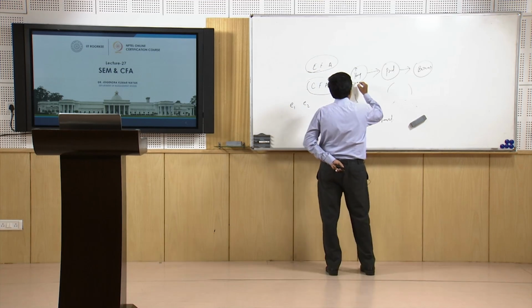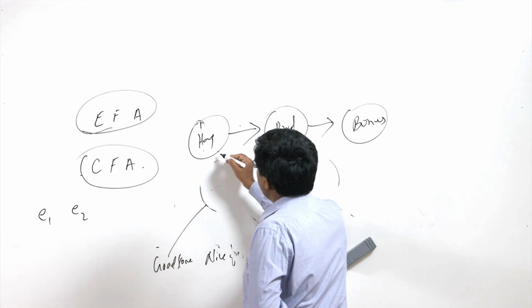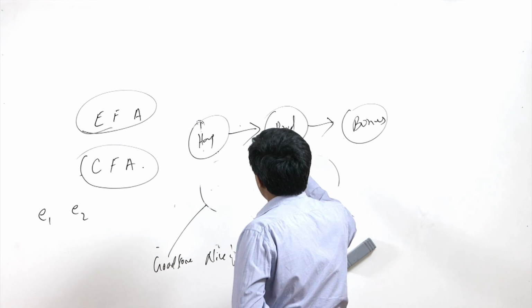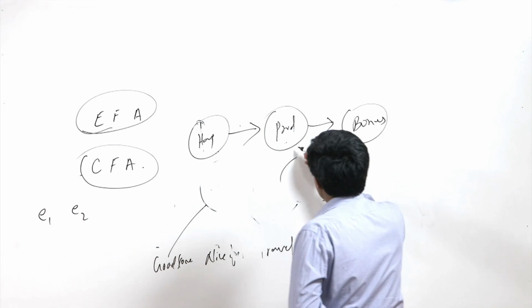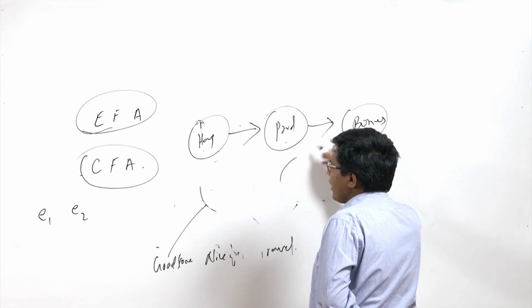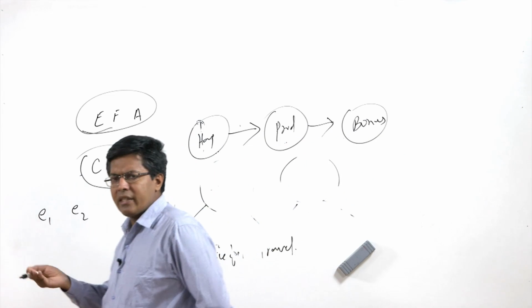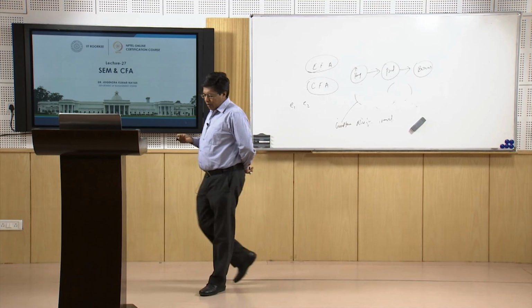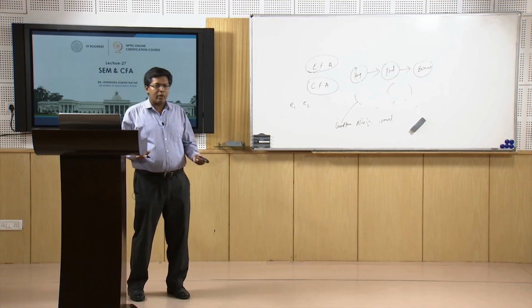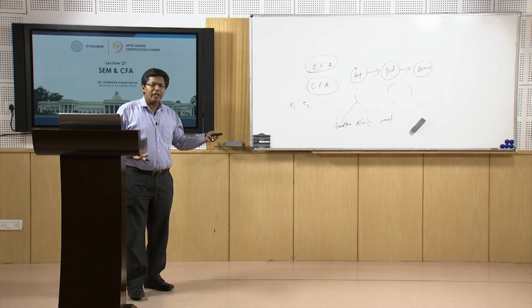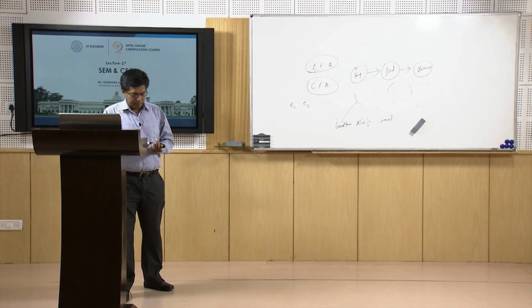Now, here A was behaving as an independent variable and B as a dependent variable, and then again they are reversing the job that they are doing. Basically, the dependent is becoming independent and vice versa.